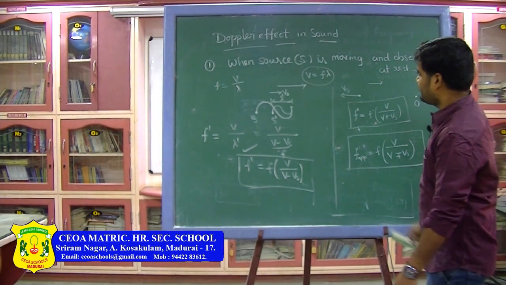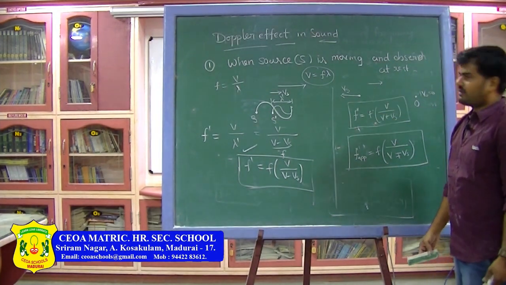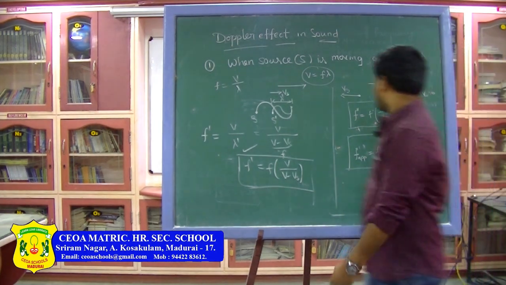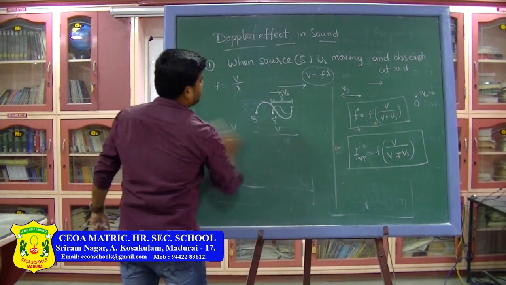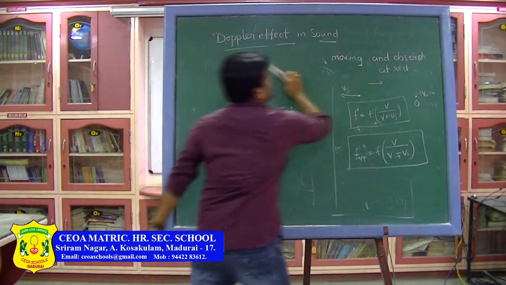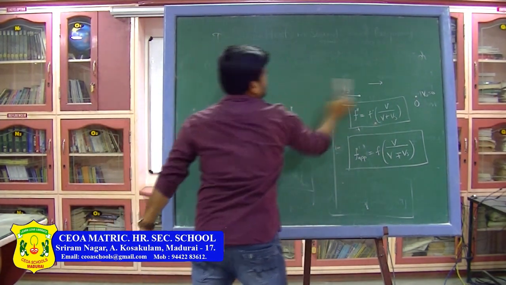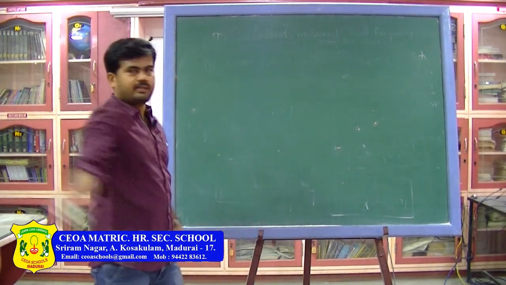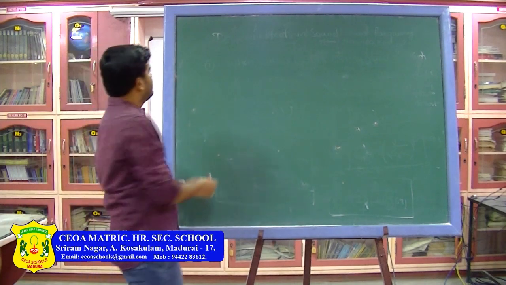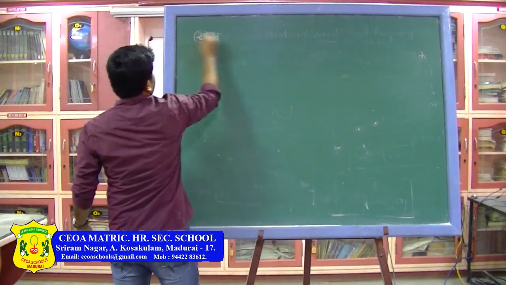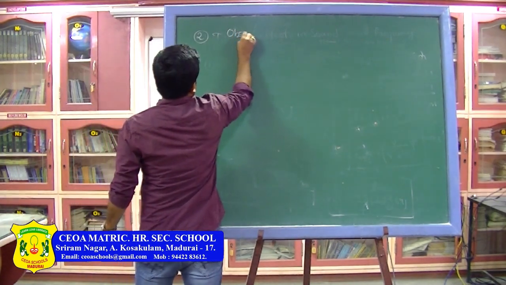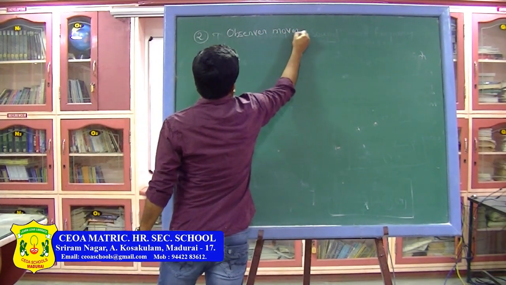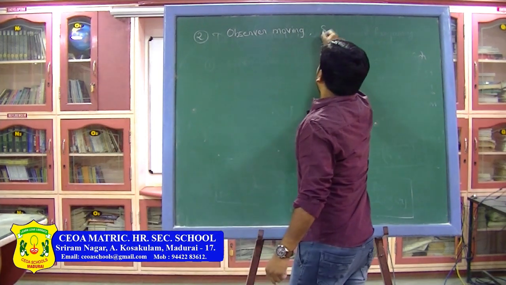Now let us discuss the other case of the Doppler effect, when the observer is in motion and the source is at rest. The next case of the Doppler effect is the second case: observer moving, source at rest.